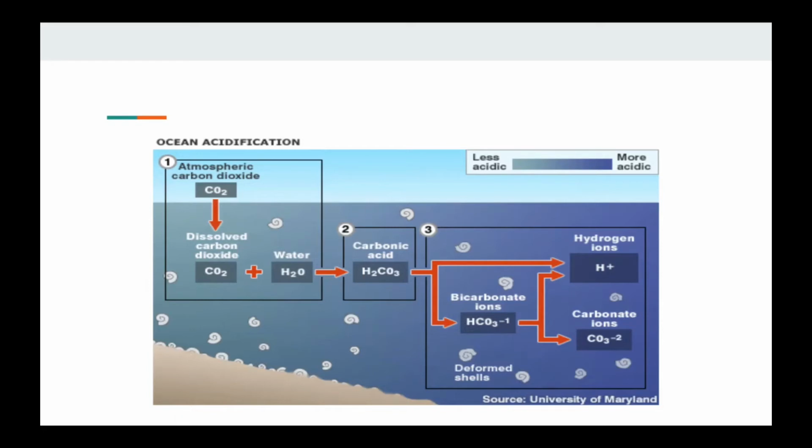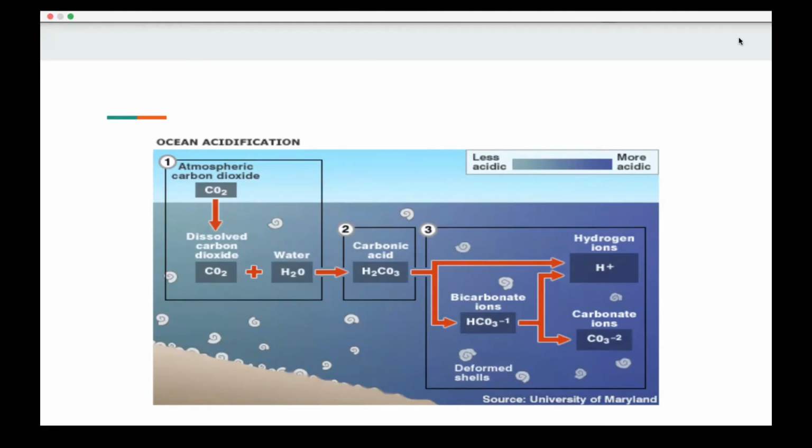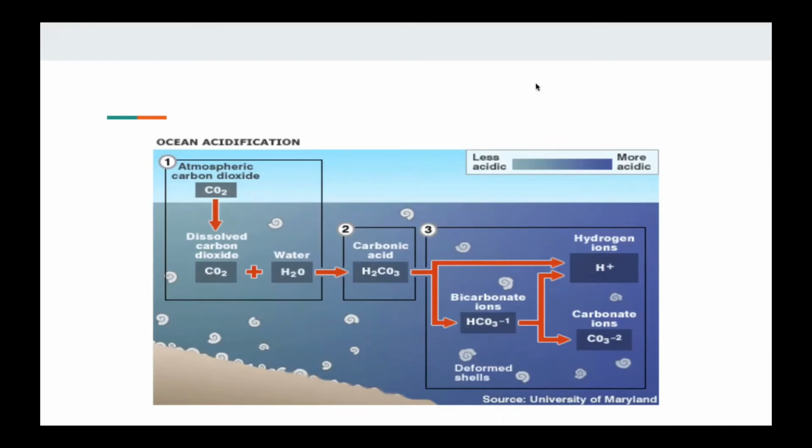And if we look at the top right corner, it shows that the lighter blue is less acidic and the darker blue is more acidic. Looking back at the picture, we can see in the lighter area of the ocean, which is less acidic, the shells are not deformed. But if we look at the darker area of the ocean, which is more acidic, the shells are deformed.